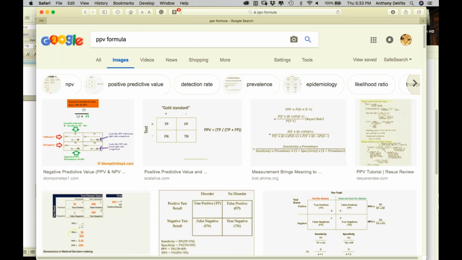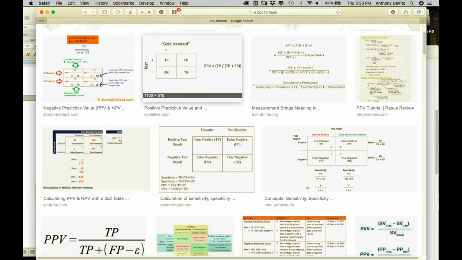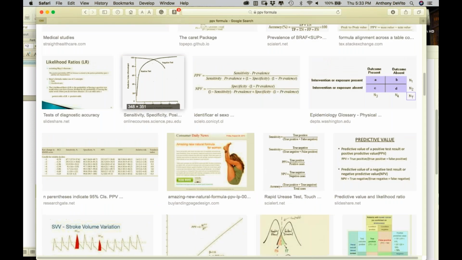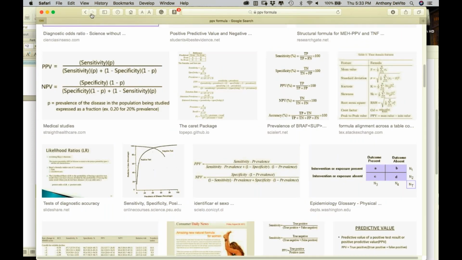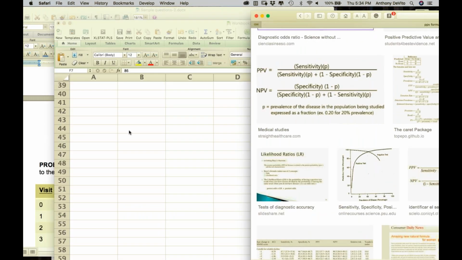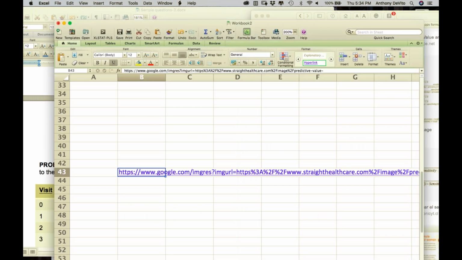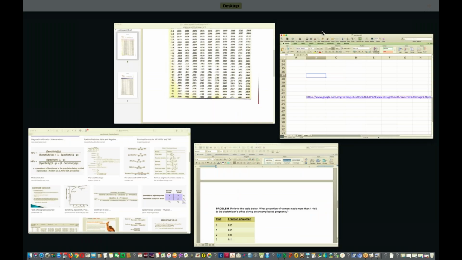I know I have it somewhere in my stuff here, but here we go. I'm going to take this formula and drag it in here if I can. Oh no, it's copied. I have to drag it onto the desktop first. Where'd it go?